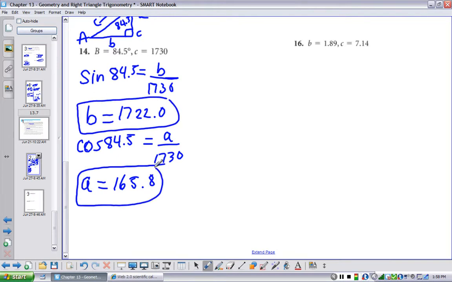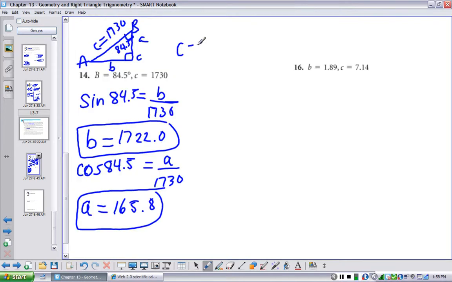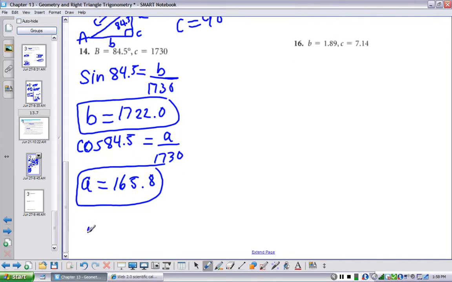We now need to find angle A. And we knew angle C. Angle C, of course, is 90 degrees. So angle A is going to be 180 minus 90 minus 84.5, which is 5.5 degrees.